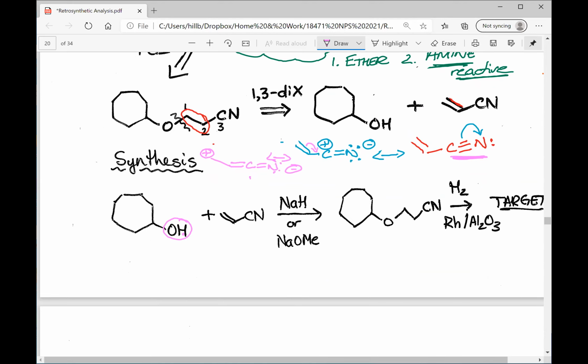Then you can do the 1,4 addition, and then you need to hydrogenate this, and we're using a catalyst that's got a bit more reducing potential than just, say, simple hydrogen and palladium on carbon. That's not quite strong enough. You could also use, in this case, lithium aluminum hydride. And then the second step would be an acidic workup, H3O+.